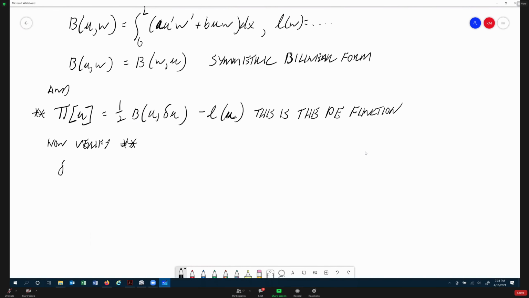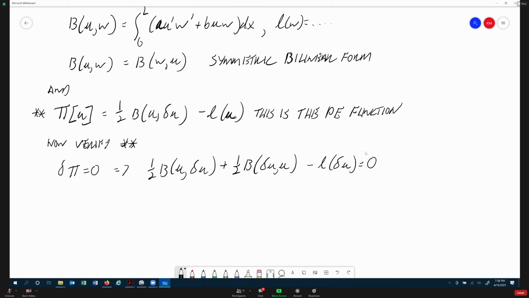So we're going to look at our delta variational is equal to 0. So this is 1/2 B(u, delta u) plus 1/2 B(delta u, u) minus L(delta u) is equal to 0.